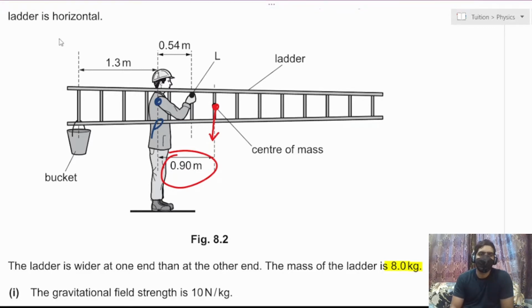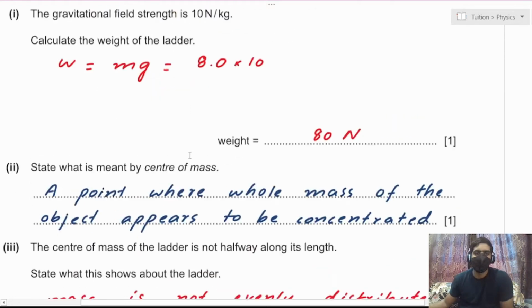This is the distance between the line of action of force and the axis of rotation, right? Because that is the point which they have called the center of mass. So the weight of the ladder would be exerted vertically downward at that point. And the point P is your pivot, and the perpendicular distance between the pivot and the line of force is 0.90.